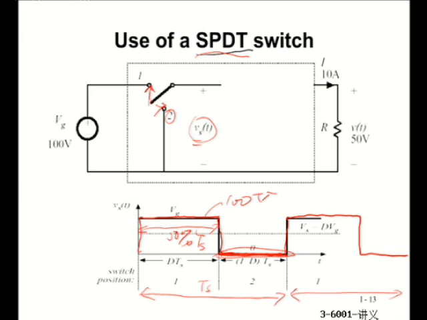For the other half of the period, it's going to be 0. And if we do it in this way, the average value of this voltage, if you take average over one cycle, would be exactly 50 volts. Because half the time 100, half the time 0, average is going to be 50.